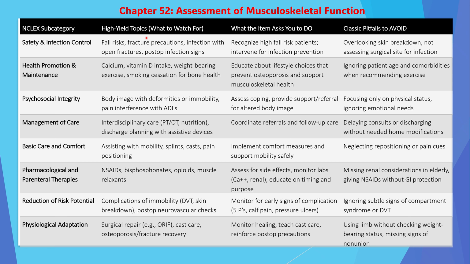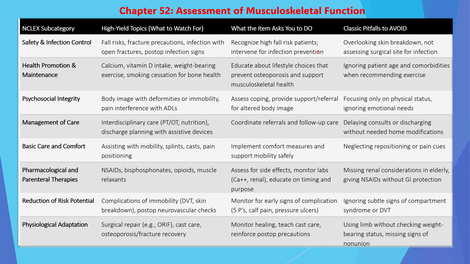High-yield topics, what to watch for in safety and infection control: fall risk, fracture precaution, infection with open fracture, post-op infection signs. What the question asks you to do is recognize the high fall risk patient.